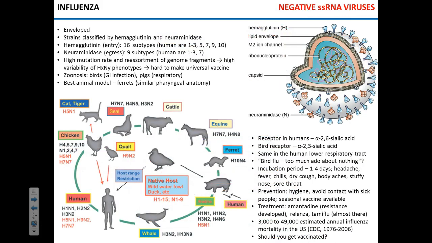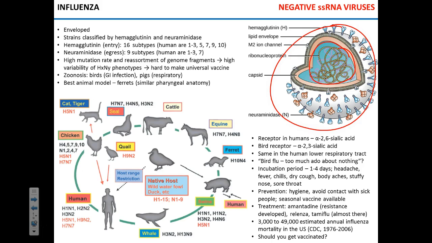And there we go. That's the disease that everybody's familiar with, influenza. It's a negative strand, single strand RNA virus. The virus sits in a capsid, and the virus has an envelope as well. Okay?